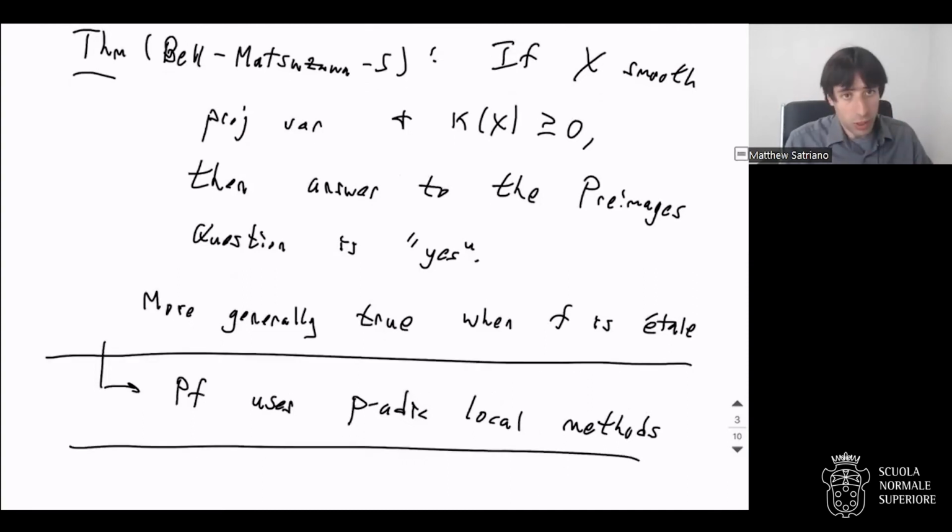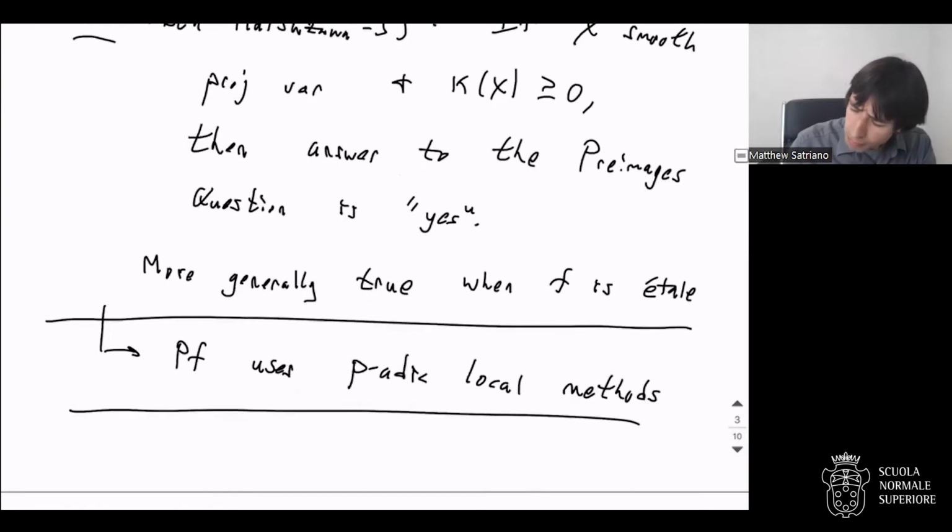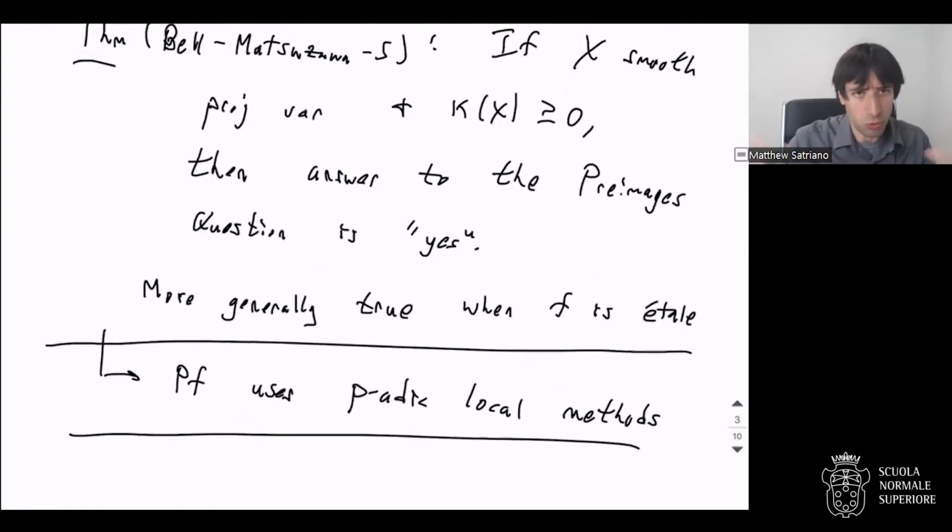But the real case that I want to concentrate on is a special case of their preimages question, which we found kind of fascinating, because it captures a wide variety of situations.